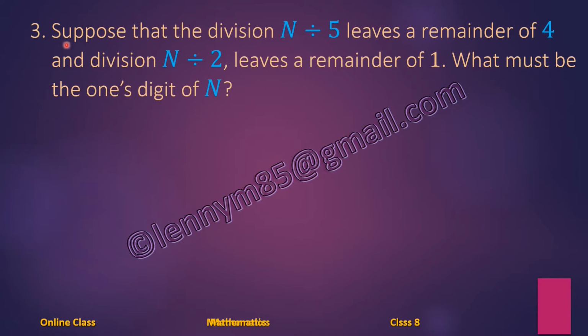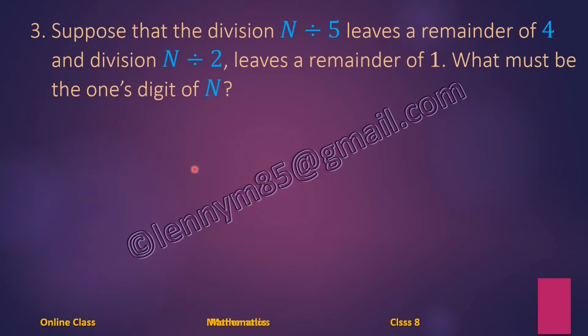I repeat, suppose that the division n divided by 5 leaves a remainder of 4 and division n divided by 2 leaves a remainder of 1. What must be the ones digit of n?